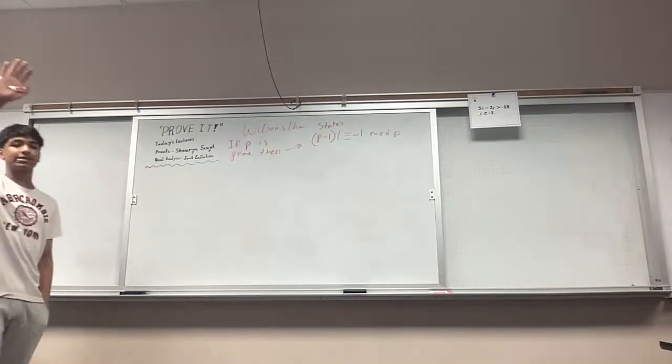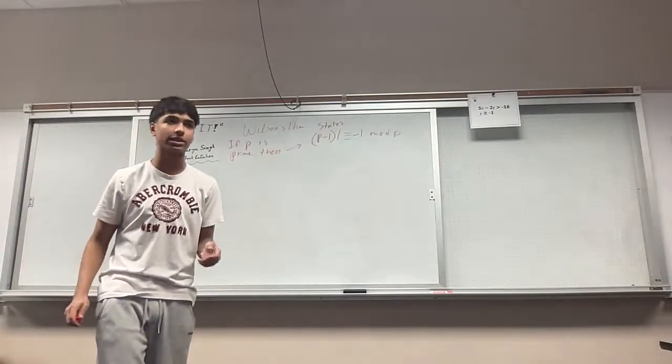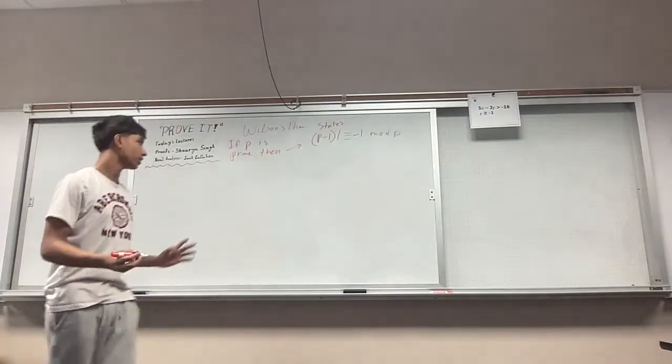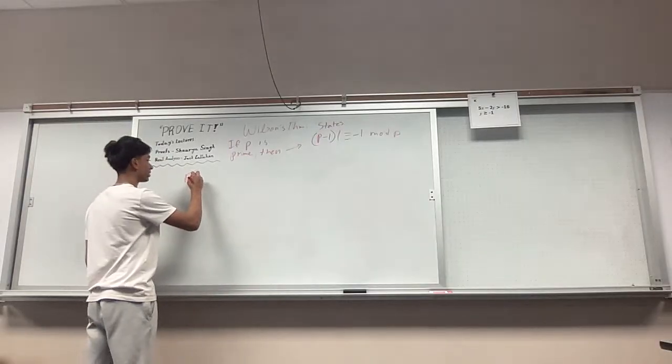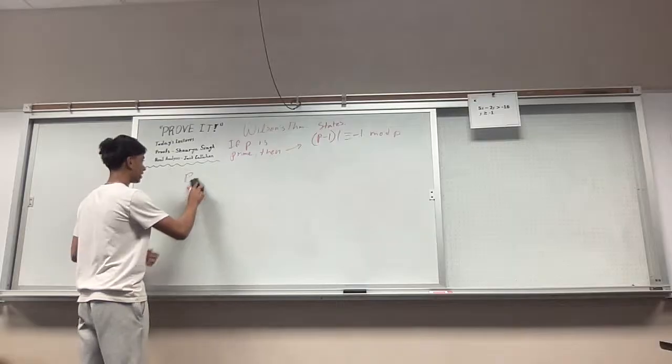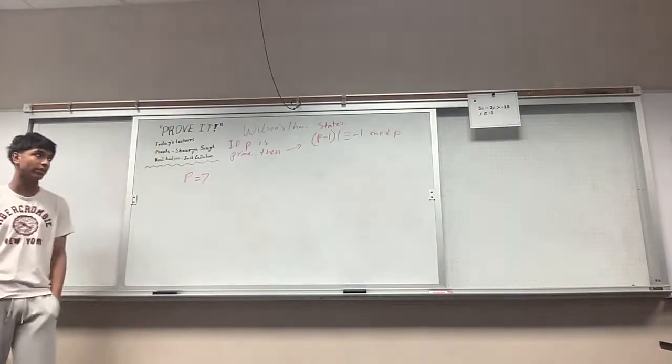I guess this first iteration of the proof isn't really a proof, it's just an example that's gonna be pretty eye-opening, I hope. It's just an instance of Wilson's theorem in some computation. Let p, prime, equal 7.